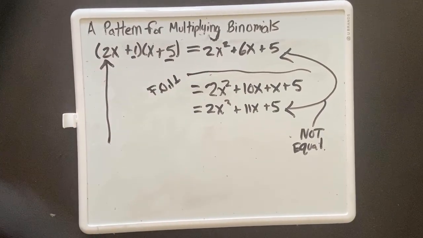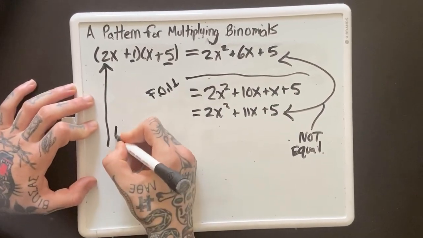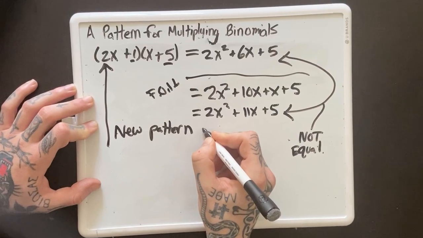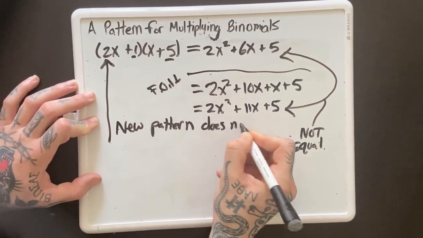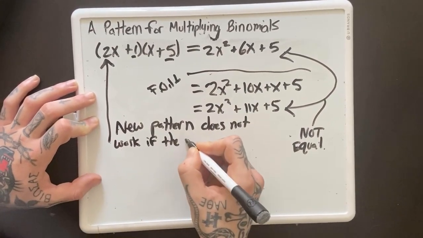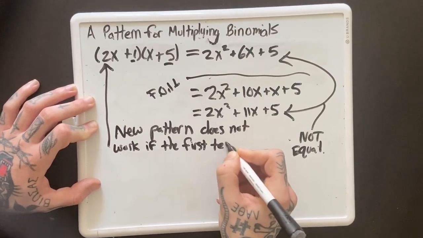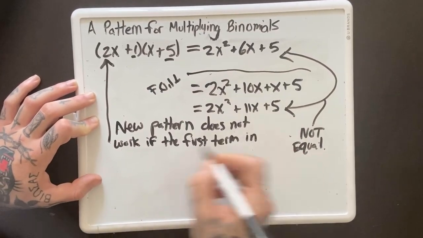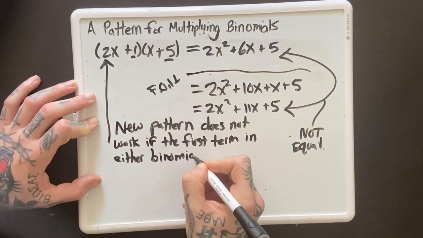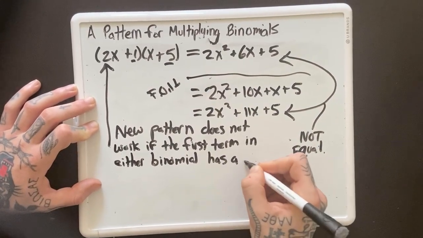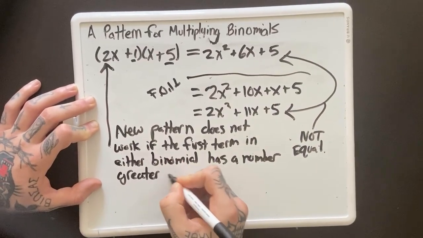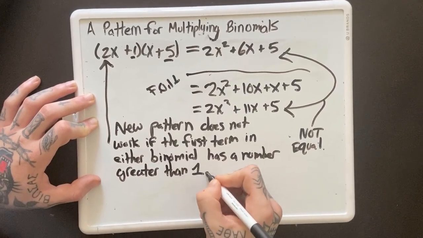We have this 2 here, okay? So the new pattern does not work if the first term in either binomial has a number greater than 1.